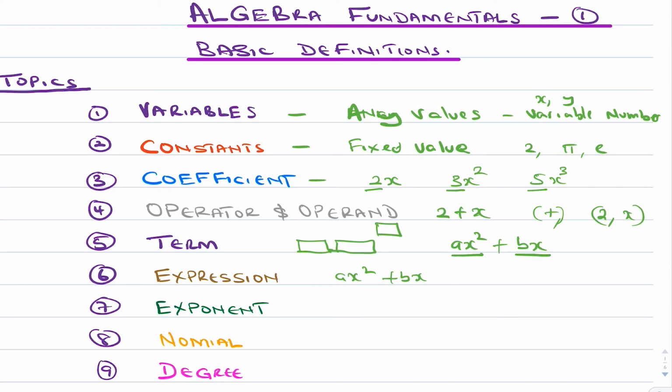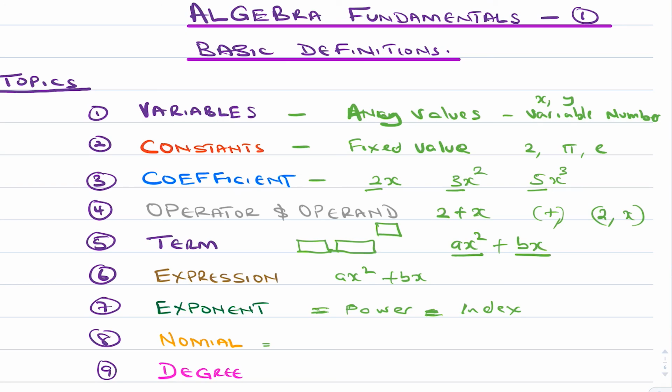Exponent. Exponent is the power. Exponent equals power or index. We can use whichever one you like. Read questions carefully and see what they say in the statement before you attempt. They might use index or power or exponent. Nomial.